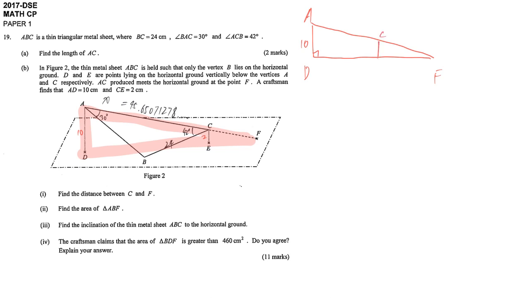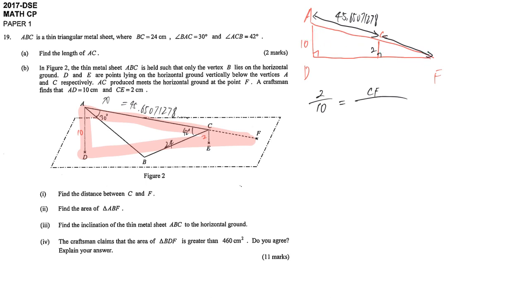We want to know the distance between C and F, but we also know that this length AC was found in part A, 45.65071278. So we are going to use similar triangles. 2 to 10 should equal CF to the whole length.